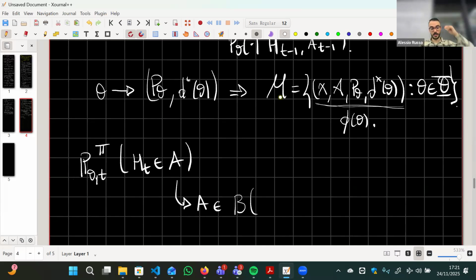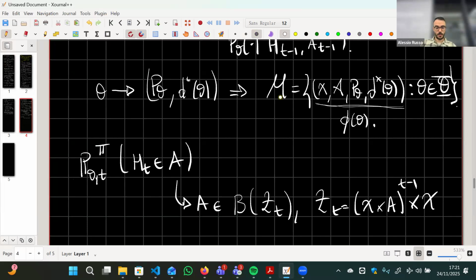We define the space of trajectories at time t to be Z_t. So Z_t here is what I wrote before, this Cartesian product. And this h_t is the trajectory up to time step t.